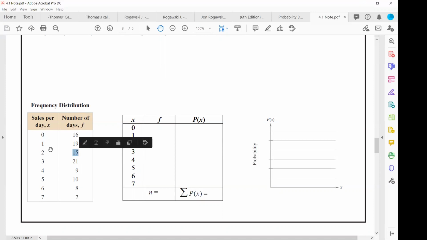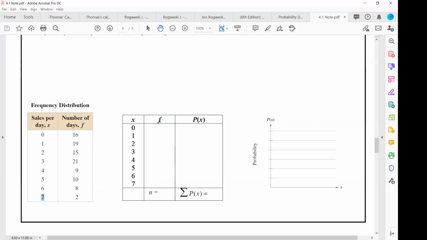For 15 days, X was equal to 2. For 21 days, it was 3 sales per day. In 9 days, it was 4 sales per day, 5 sales per day repeated 10 times, 6 sales per day repeated for 8 days, and only 2 days that person sold 7 items each day.